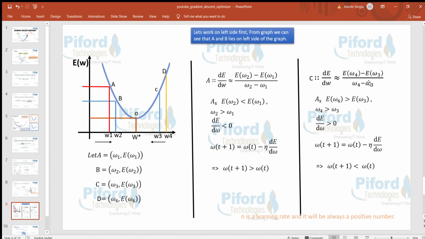Now let's consider the second scenario. Here, our initial weight value is on the right of the optimal point.